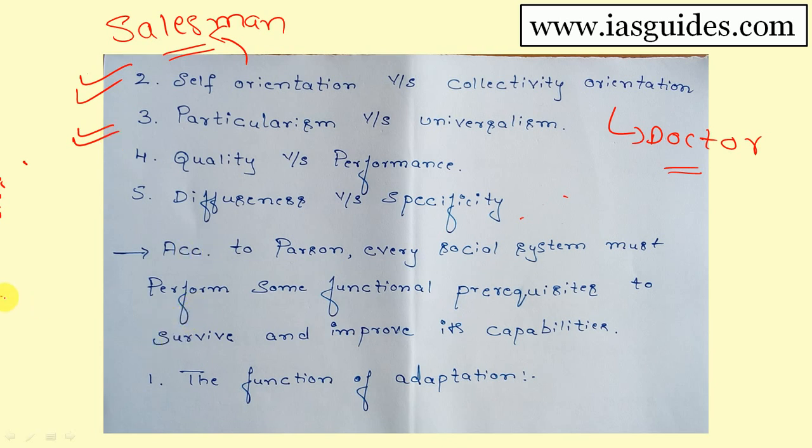Okay, and the fourth is quality versus performance. This can be equated to the ascription versus achievement dilemma.